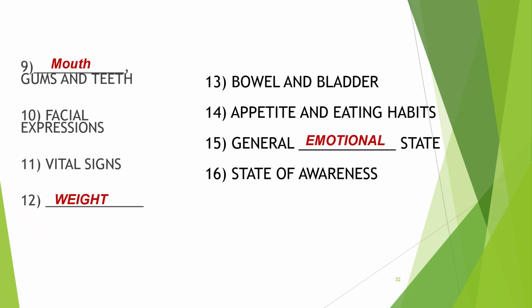Number 9, mouth, gum, and teeth. What color are the gums? Do they have teeth or dentures? Are their dentures fitting? Do you hear that clicking sound? Are the teeth broken? How about the breath? Is there any odor? 10, facial expression.